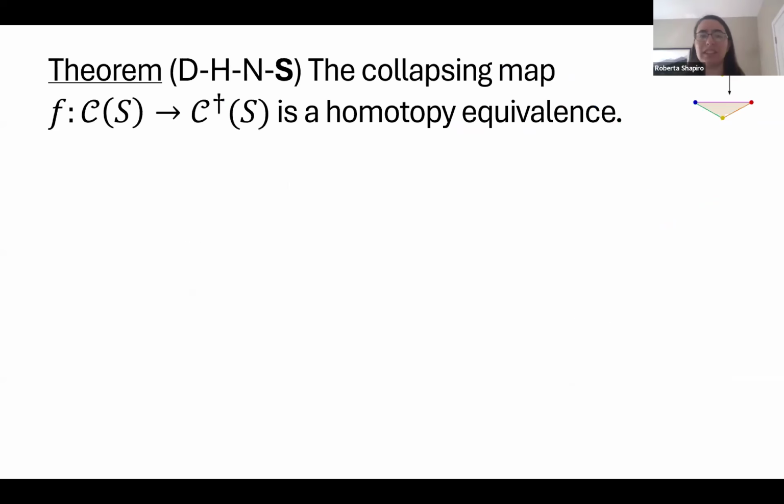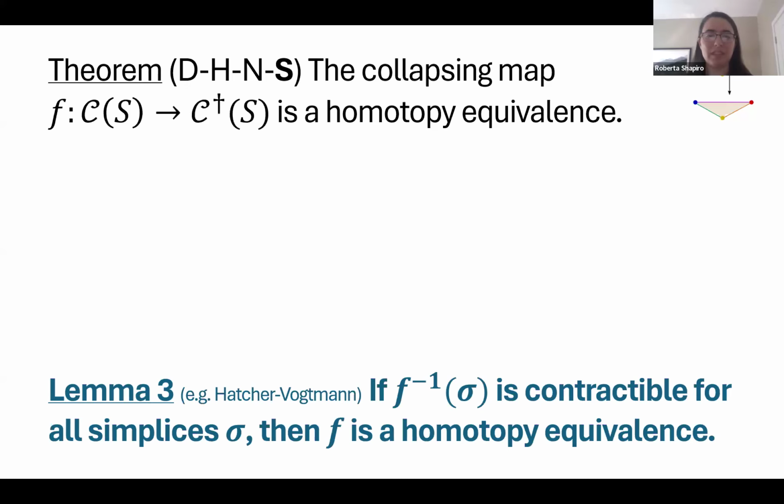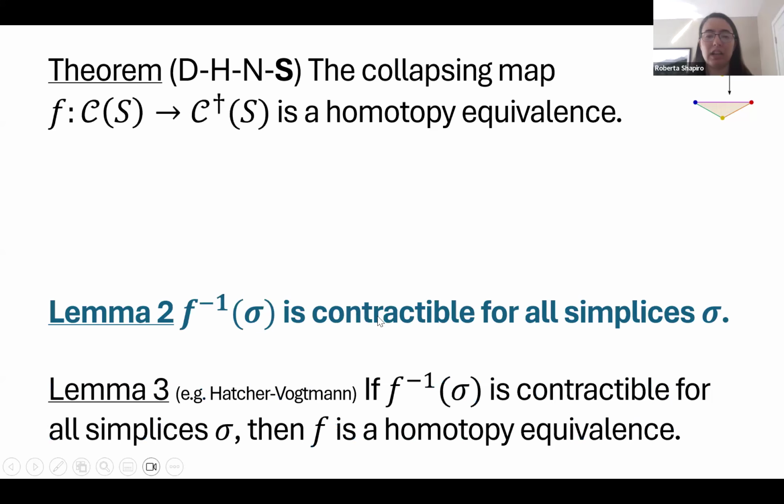So let's see the stepping stones in proving that this is a homotopy equivalence. Well, one thing that we have is that if we have a simplicial complex and a simplicial map F, which ours is, and the preimage of every simplex is contractible, then F itself is a homotopy equivalence. Well, that allows us to reduce our problem to showing that the preimage of any simplex is contractible.